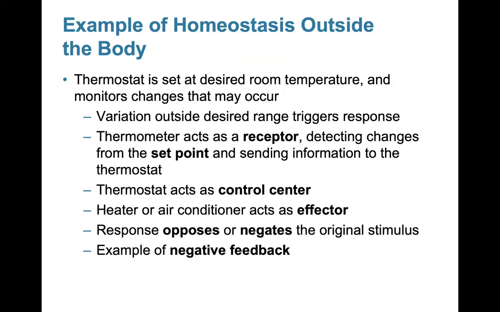The thermostat itself acts as the control center. A heater or air conditioner will then act as an effector structure, which will lead to some type of response. Responses oppose or negate the original stimulus, which would fix the overall problem.